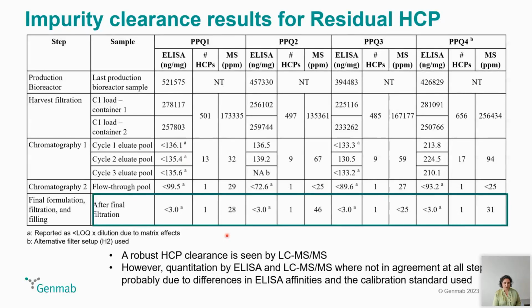But you also have the ELISA result, and it's also limited by the method. The ELISA result depends on the affinities of the antibodies and the reference standard, the calibration standard you use. So both numbers, in a way, are relative to the method used to obtain a result.